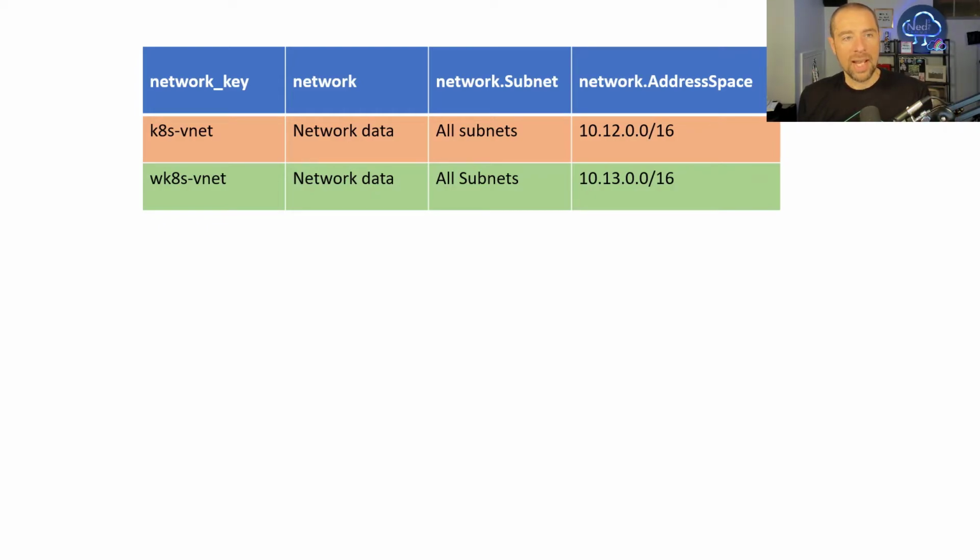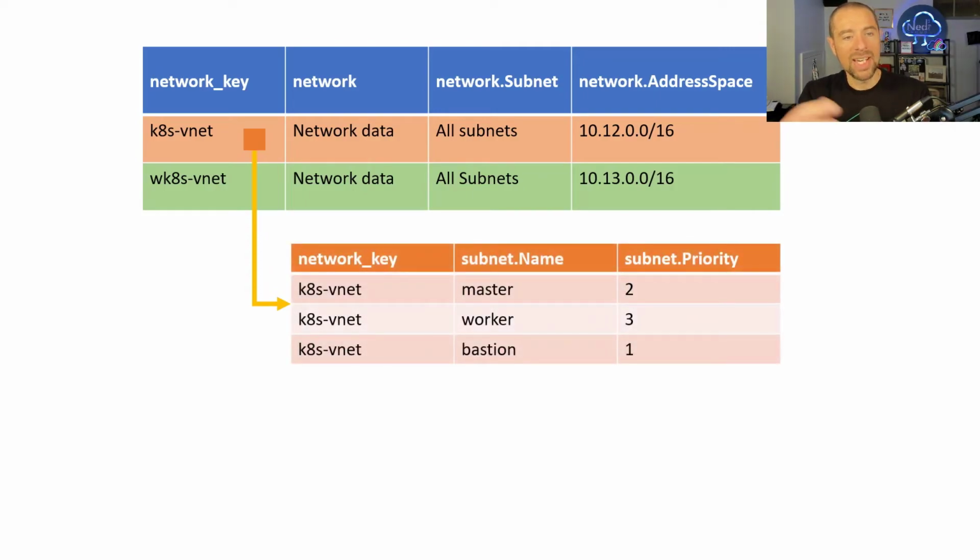Now, within this, I want to get the list of subnets and associate it with that virtual network and with that address space. So on my first loop through the outer loop, I'm going to pull the information for kates-vnet, and I'm going to have an inner loop where I loop through each subnet inside kates-vnet, and I set it up with a network name, a subnet name, and I'm going to use the subnet priority to calculate that address.